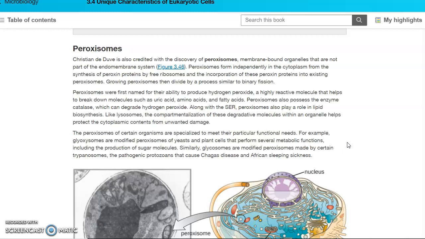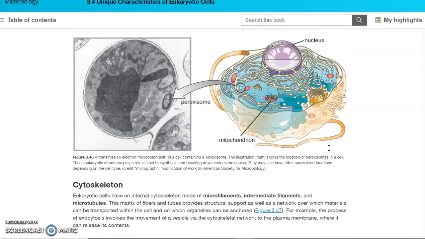They have the enzyme catalase, which can degrade hydrogen peroxide. And this is something that we will see later on in the semester, in that some organisms have catalase and others don't, and that's something that we can use to help us distinguish between different types of bacteria.